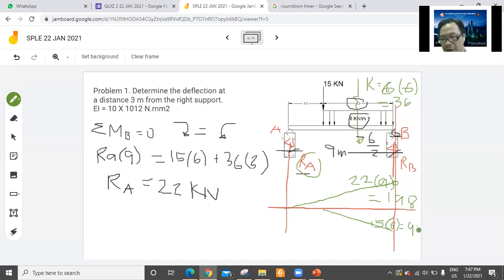But this one is already negative, since it is downward. Then starting from here, what is the value here?